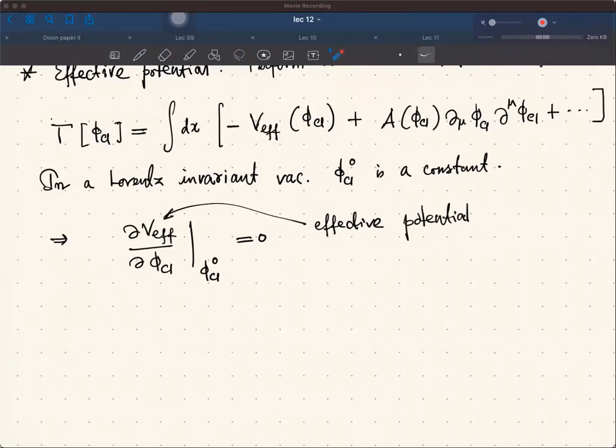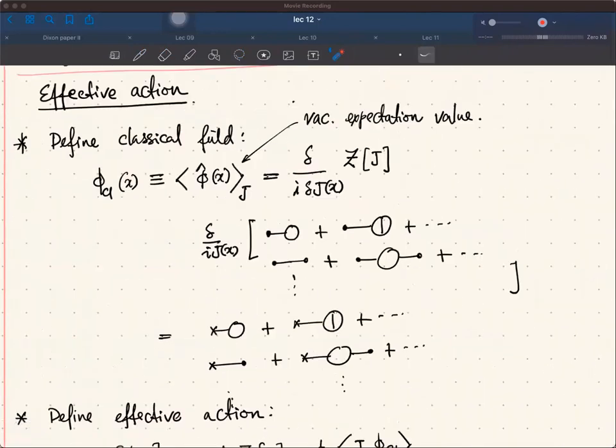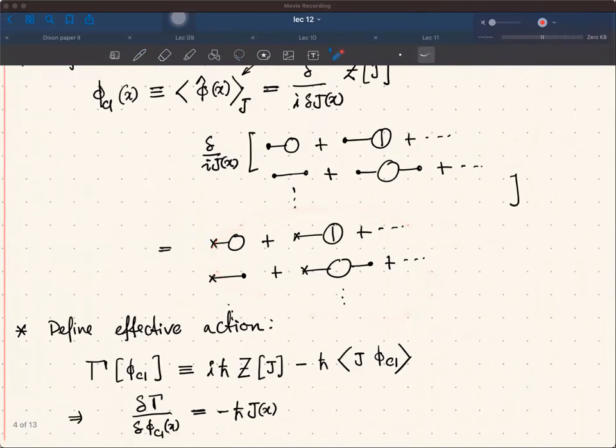There also, one can calculate V, the effective potential, and phi CL0 is basically this expression given here with J equal to 0, which means the first line.